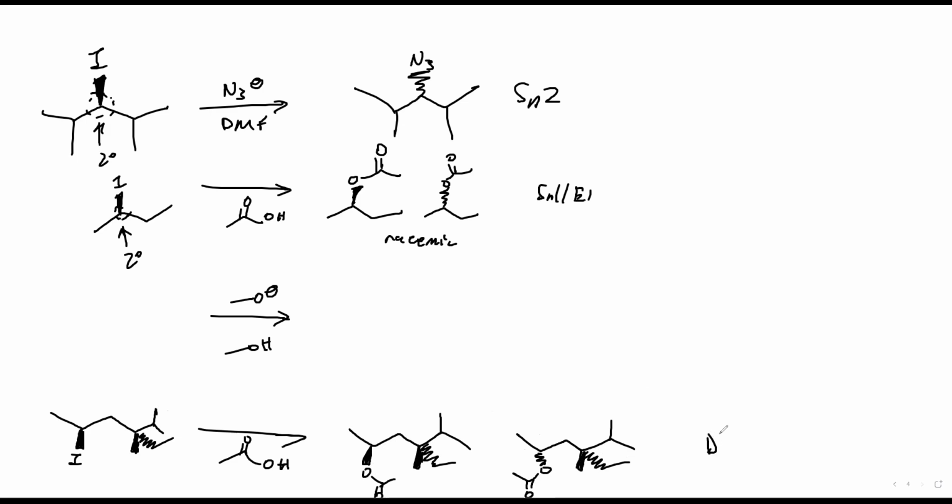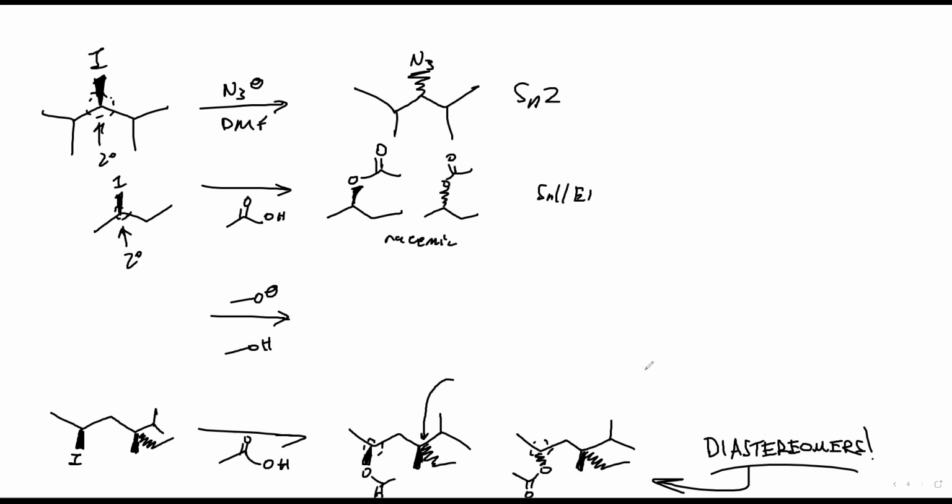Yes, these are diastereomers. Good. So remember, racemic only applies if there is only one stereocenter on the molecule, and that's the stereocenter that is changing. Okay, these are diastereomers because yes, this center does racemize. It does turn into R and S, but this center always stays the same. So they're diastereomers. So always be careful.